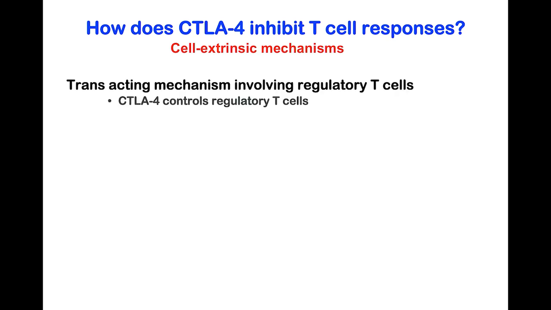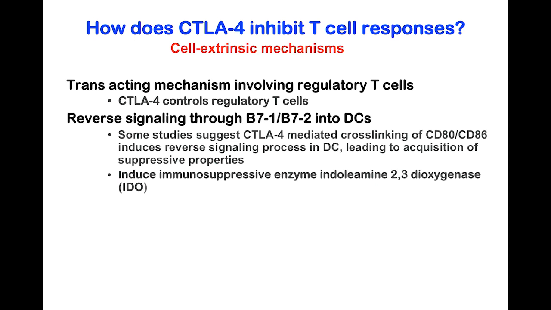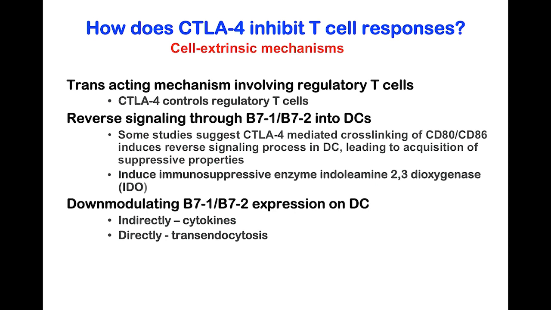In addition, if we think about CTLA-4 cell extrinsic mechanisms influencing other types of cells, well, regulatory T cells influence effector cells, so this could be a cell extrinsic mechanism. There also have been studies suggesting that when CTLA-4 binds to dendritic cells, there can be signaling into those dendritic cells through the B7 molecules that can cause them to acquire suppressive properties as well. In addition, we know that when Tregs make certain suppressive molecules, certain cytokines, this also can down-modulate B7 expression.